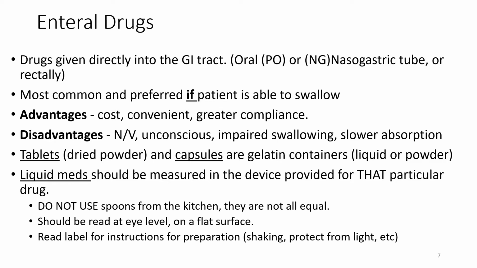So for most drugs, the greatest absorption occurs where? In the small intestine. Okay, so remember we talked about absorption previously, and I think I gave an example about IBS. So if you have someone with some type of intestinal motility issue, how well are they absorbing that medication that's given?